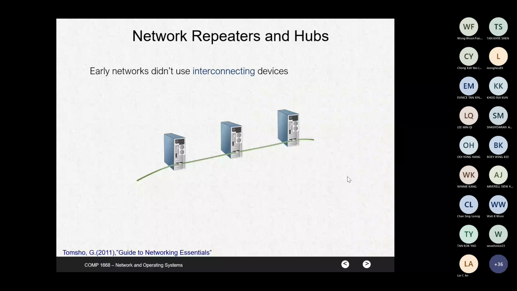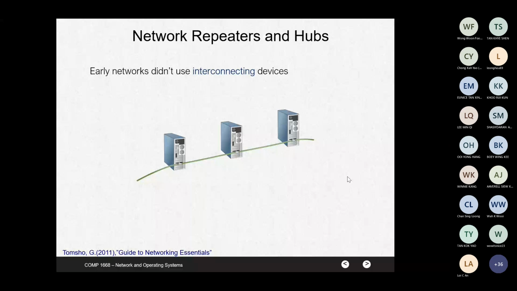So they could connect devices, but with limited choice, and then they saw the quality of the signal drop over distance. Then they wanted to come out with other devices which can recharge, reboost or retransmit the signal again.